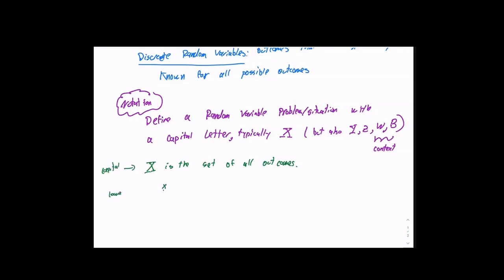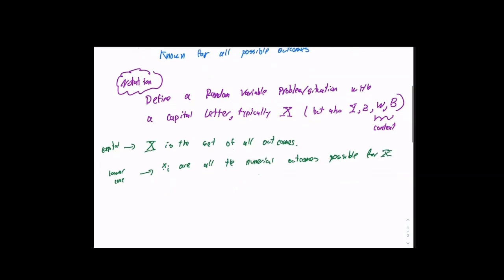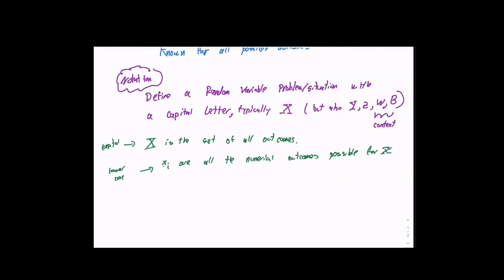And lowercase x sub i are all the possible numerical outcomes for capital X. We don't typically use the subscript notation too much within this course, but the idea is that X is equal to all the possibilities.